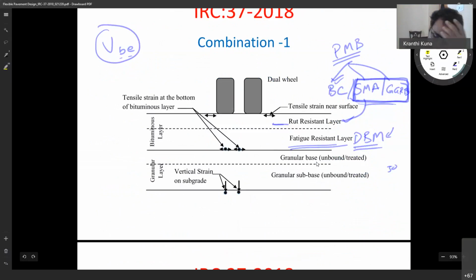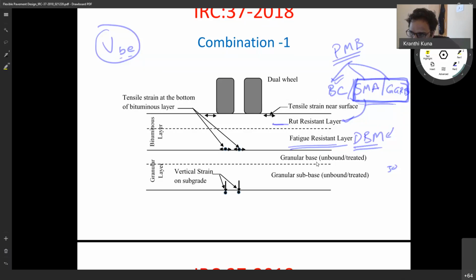For example, you are designing a bituminous concrete mix. You produce the mix with 4.5% or 5% bitumen, but not all the bitumen is participating in coating, because some of the bitumen is absorbed by the aggregate, isn't it?